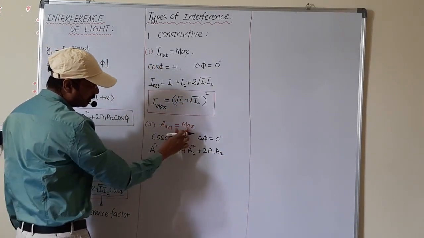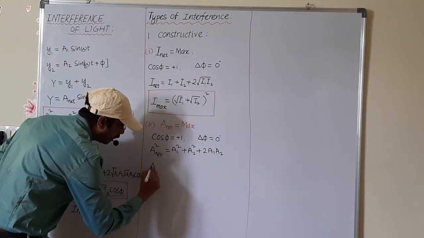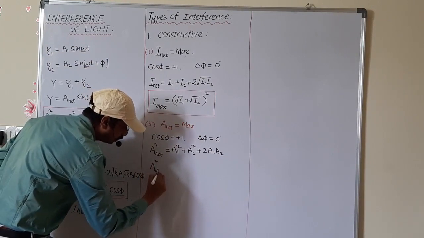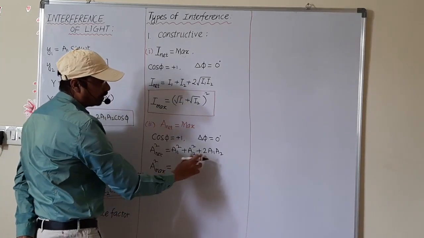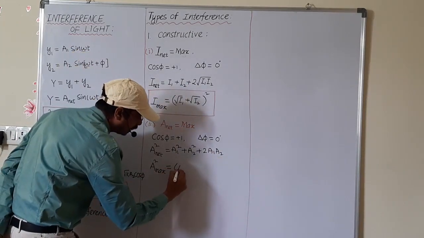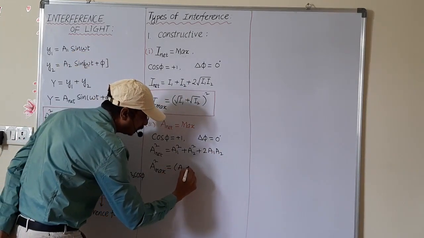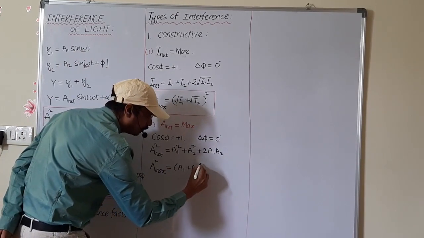The A net is nothing but maximum. Now we can write A square maximum is equals to a square plus b square plus 2ab. Then this value we can write as a1 plus a2 whole square.